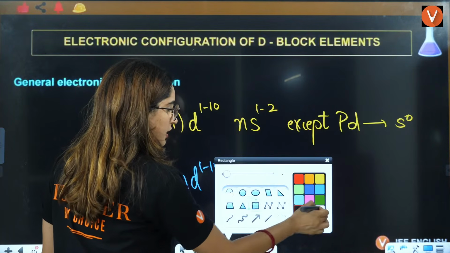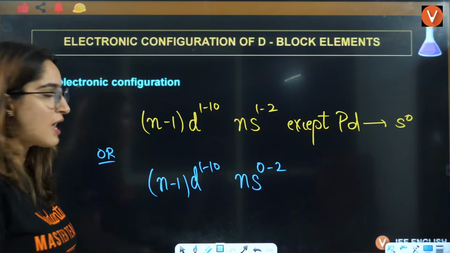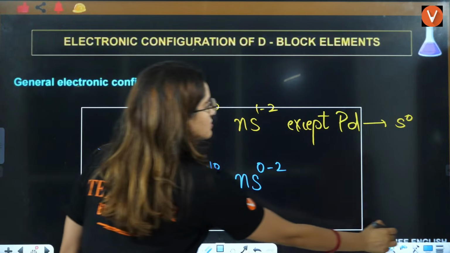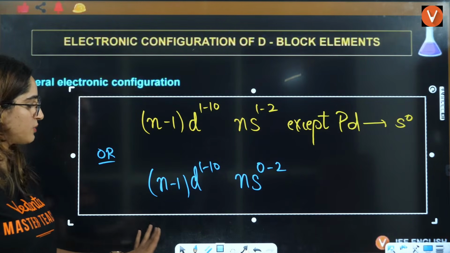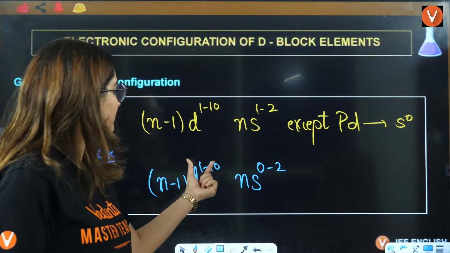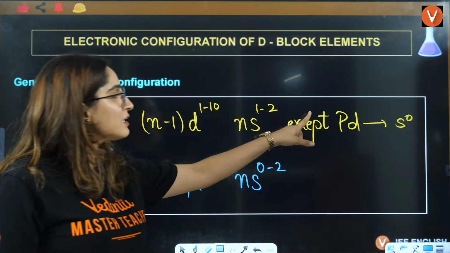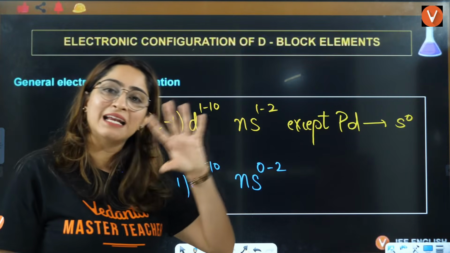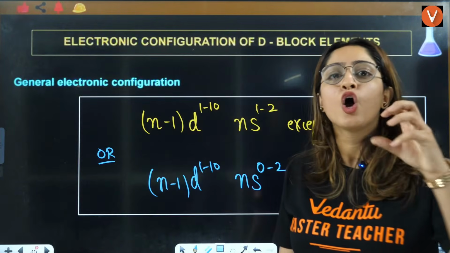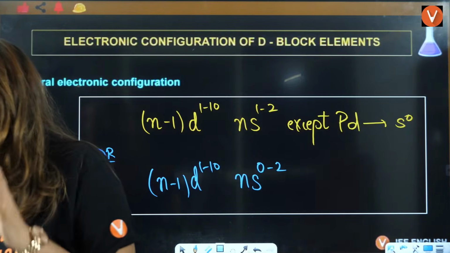It's not that one is wrong and the other is right. Both are correct because both are telling the same thing. In the other form they are not taking ns0 as an exception, whereas here they are taking ns0 as an exception because that is the only element in the entire d block which has the s orbital as 0.